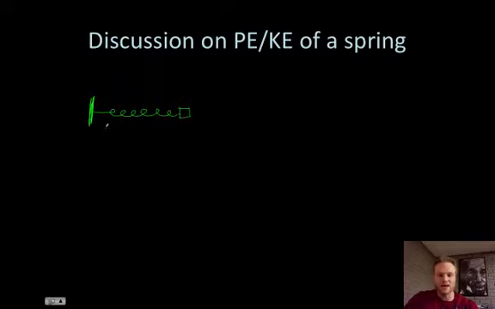Right now where this spring is, it is in equilibrium, or it's at rest, or whatever you want to call it. It's not moving. But let's say I pull this spring back to this spot right here, this far away from this resting spot.